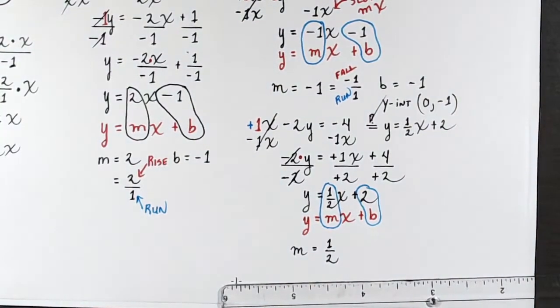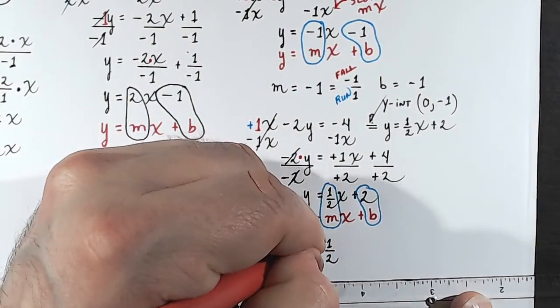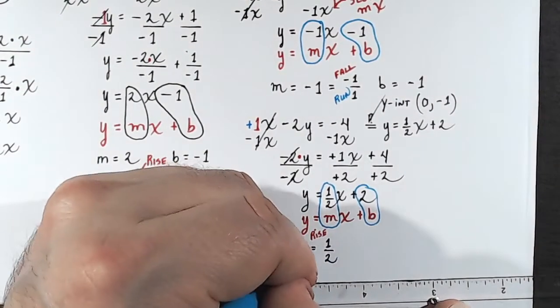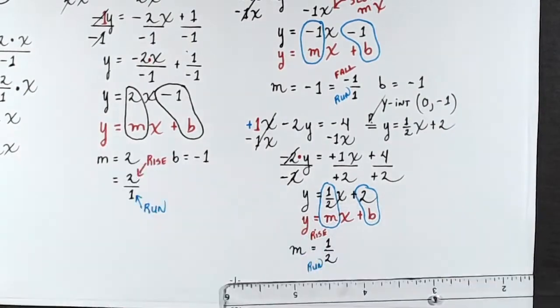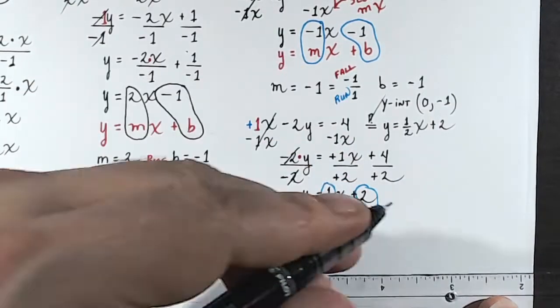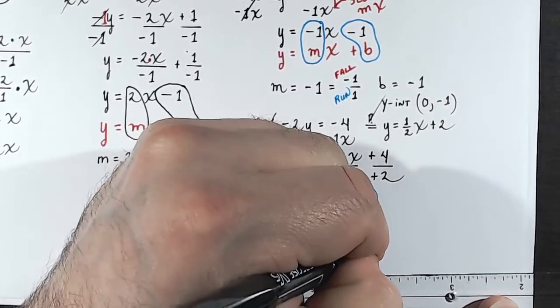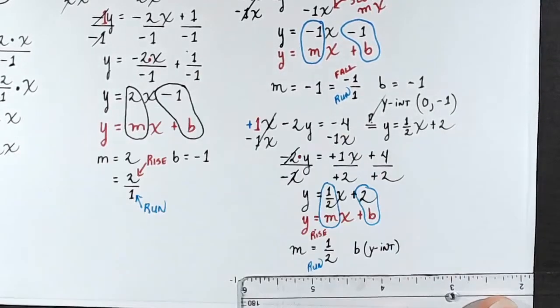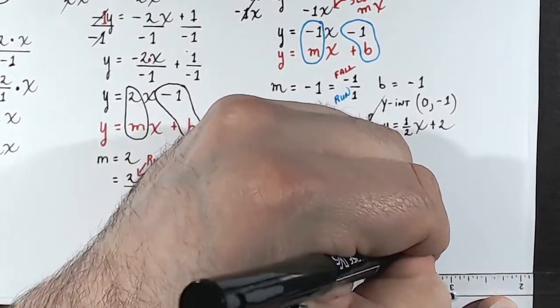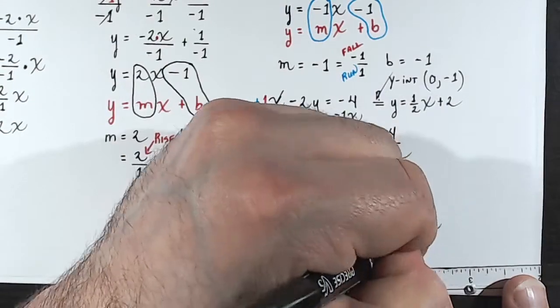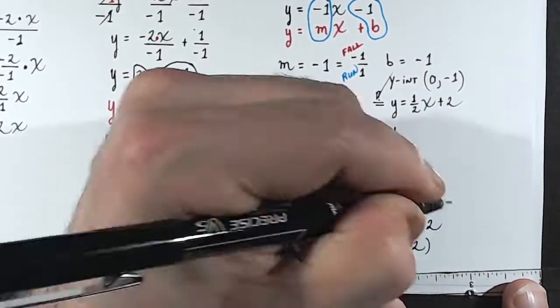My rise is 1. And my run is 2. And then I have plus 2, so b, the y-intercept, is 2. And that means it crosses the y-axis at the coordinates 0, 2.